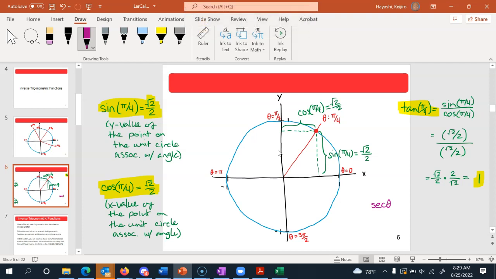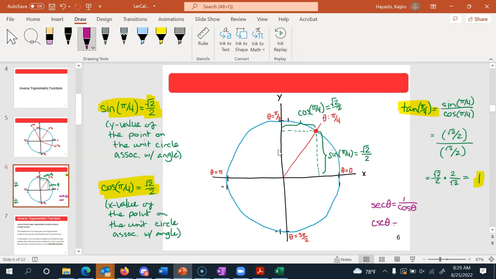The secant of an angle is 1 over the cosine. It's the reciprocal of cosine. So whenever you have a secant, that means you have a cosine on the bottom. And vice versa. And you can change this around as much as you want.